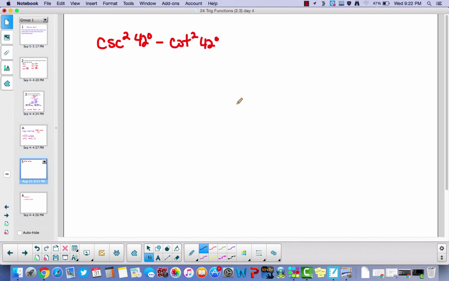All right, so we started with this: cotangent squared of theta. In this case, our theta happens to be 42 degrees. So cotangent squared of 42 degrees plus 1 equals cosecant squared of 42 degrees. What can I do to this to make it look like this?